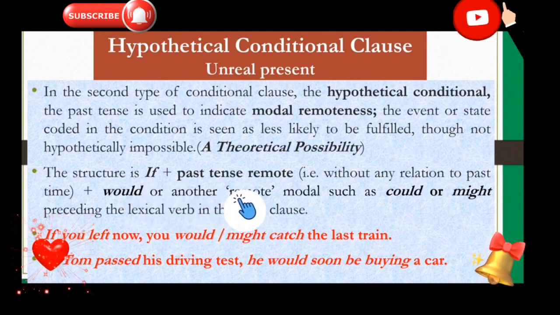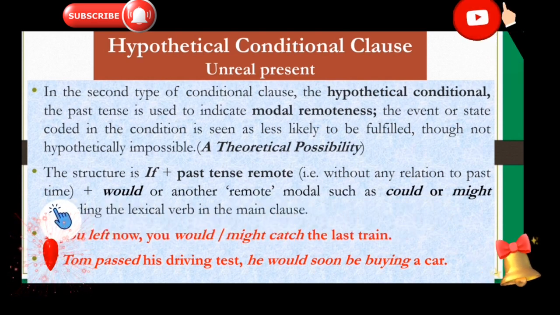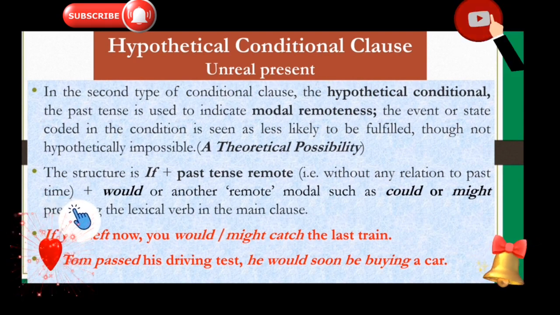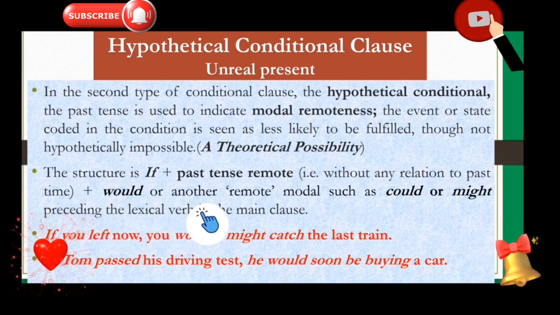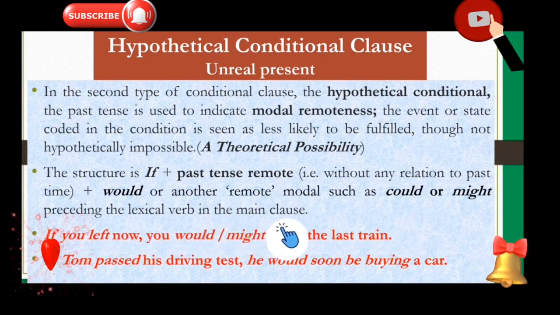So if plus past tense remote without any relation to past time. Even though we use past tense in the conditional clause, we do not refer to past time. And then in the result clause we use would or another remote modal such as could or might preceding the lexical verb in the main clause.